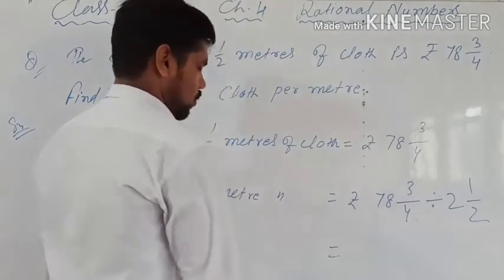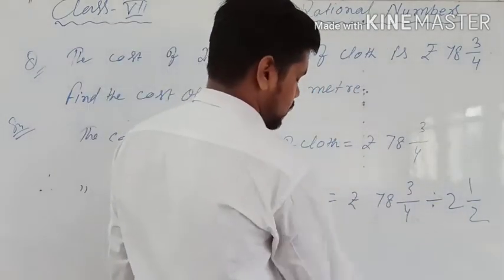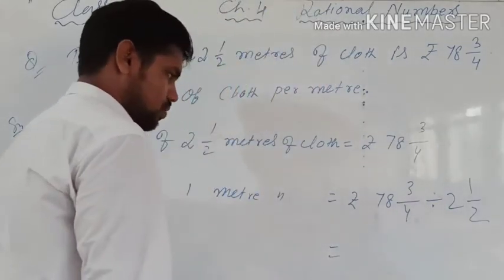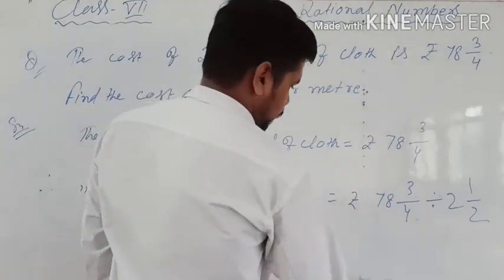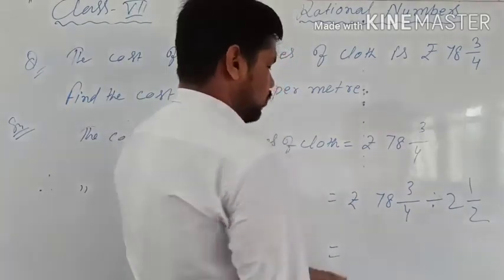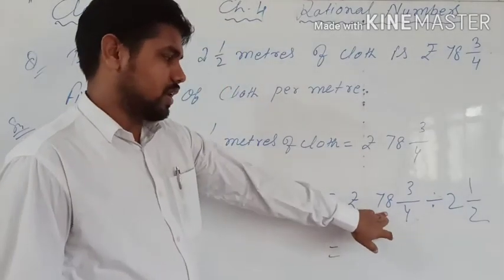Let's divide. First reduce this. This is a mixed fraction, so you have to reduce it into proper fractions. To do this, you just multiply and add this much.